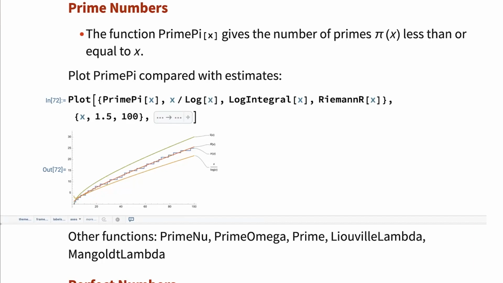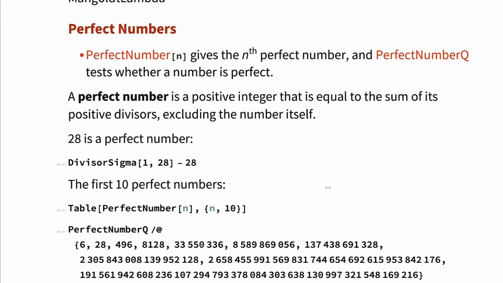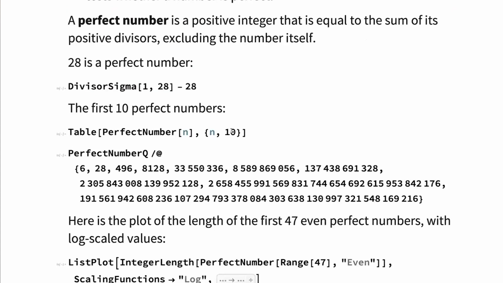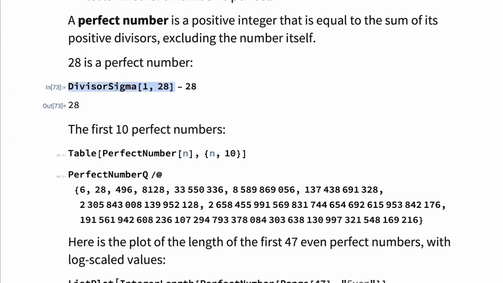Now, perfect numbers. What are they? A very peculiar group of numbers. PerfectNumber[n] gives the nth perfect number, and PerfectNumberQ tests whether a number is perfect. A perfect number is a positive integer that is equal to the sum of its positive divisors, excluding the number itself. So 28 is a perfect number because the sum of its divisors, excluding the number itself, is 28.